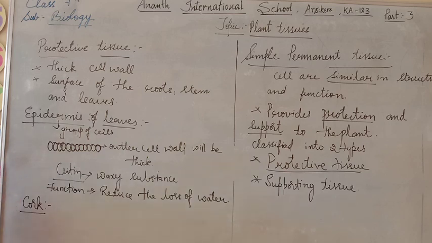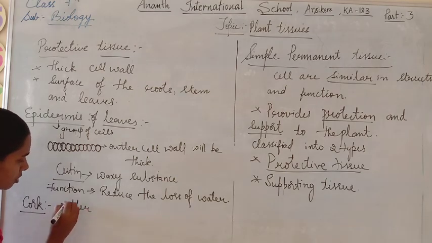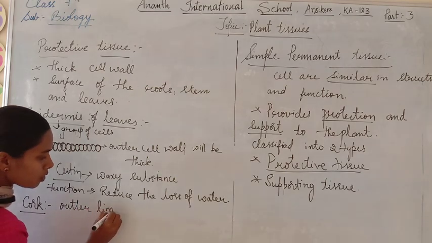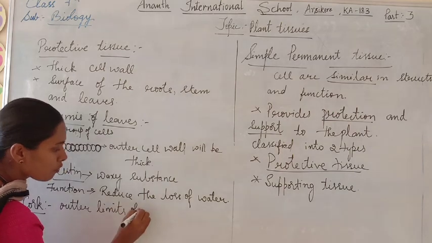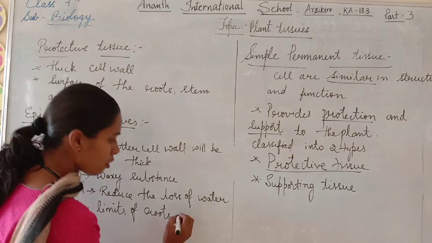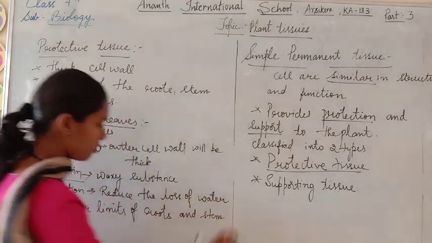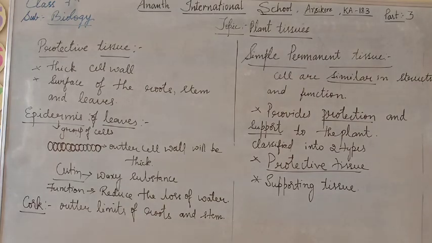Cork is also a protective tissue, found in the outer limits of roots and stem.